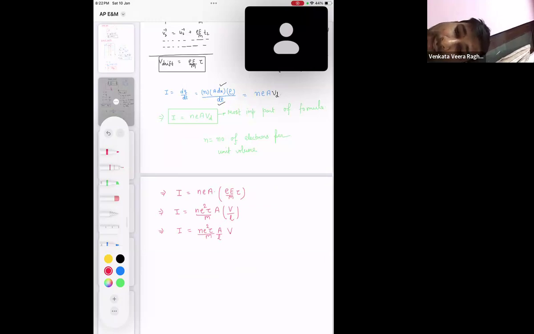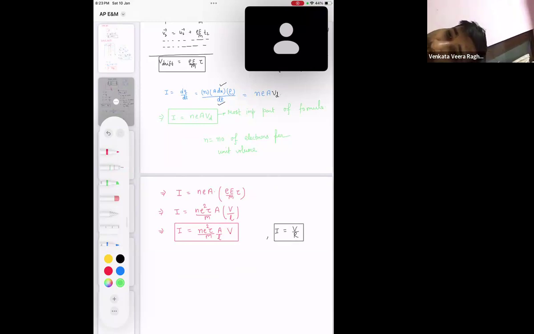And do you know one more thing about the current and voltage relation? What is that? Do I have I equal to V by R also, which is called Ohm's law? So look at that. If you compare this equation and this equation, what will you get?